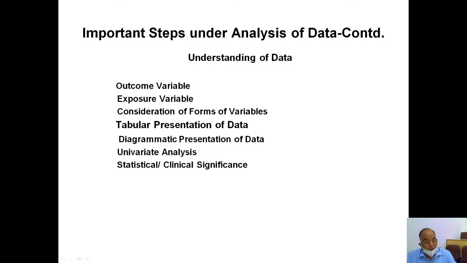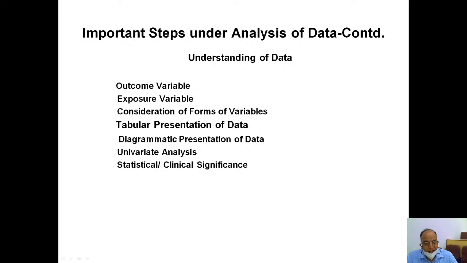Especially if you are doing a randomized control trial, everything is well defined in the protocol. Go and see the protocol and then only try to run the statistical packages, because you should not analyze the data blindly. It means what outcome variable form has been planned, the same way what form of the exposure variable was planned, and then along with this, consideration of all other variables, like we start with the age of the patient and gender of the patient.